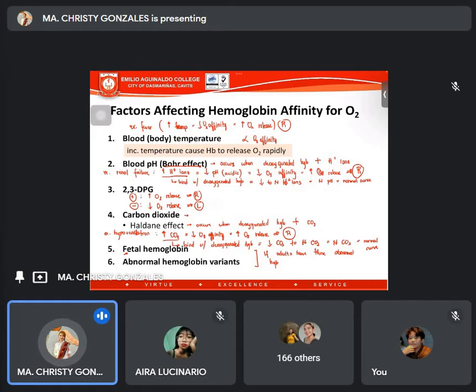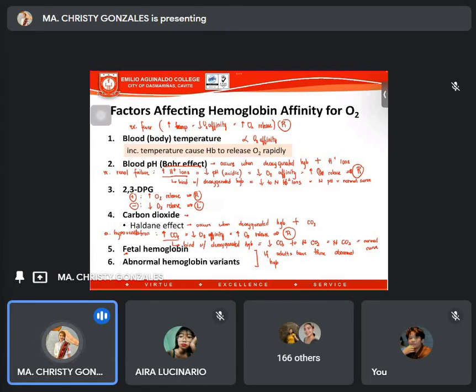Okay? Lesser capacity to transport oxygen. Same with your abnormal hemoglobin. Okay? Abnormal hemoglobin doesn't have oxygen carrying capacity. Example, carboxy, methemoglobin, sulfhemoglobin, they don't have the ability to transport your oxygen.